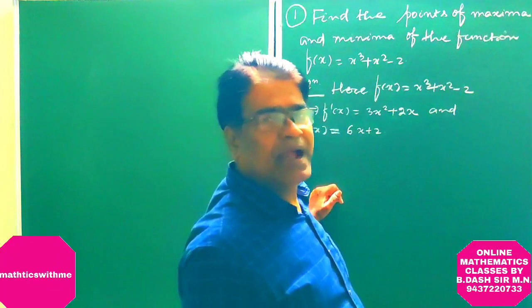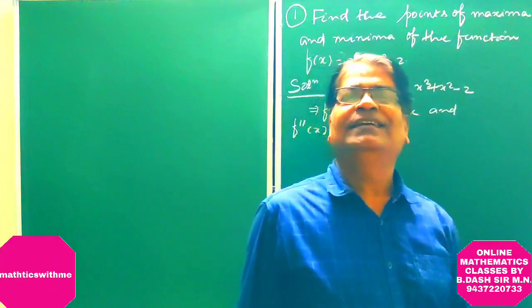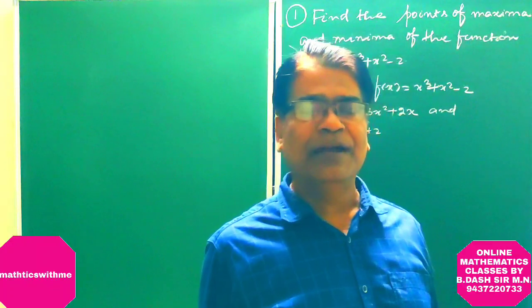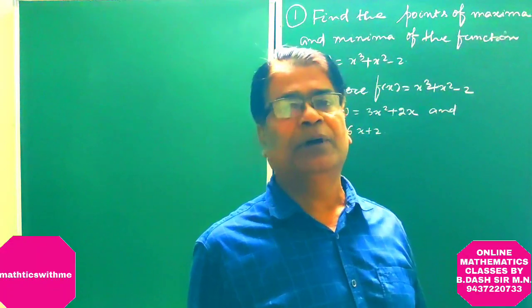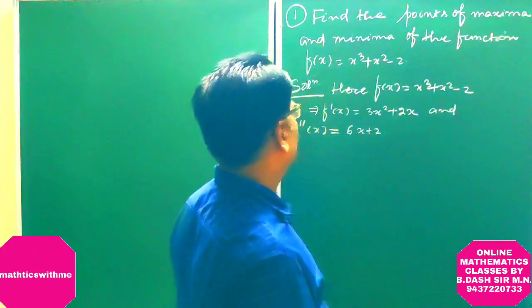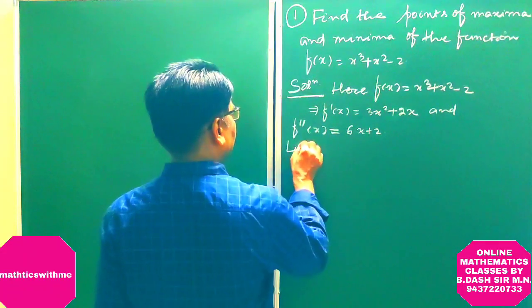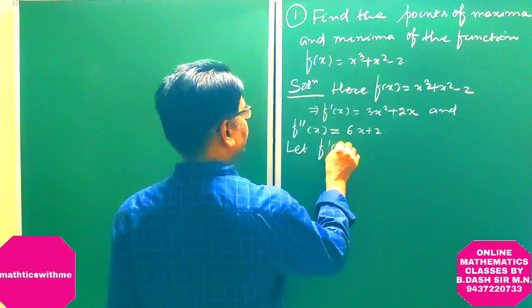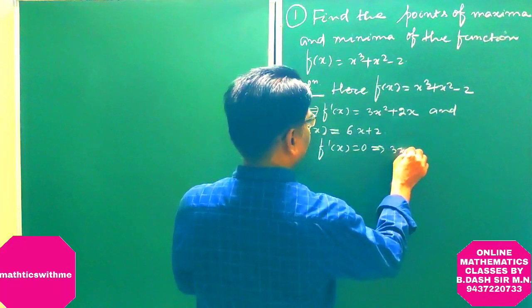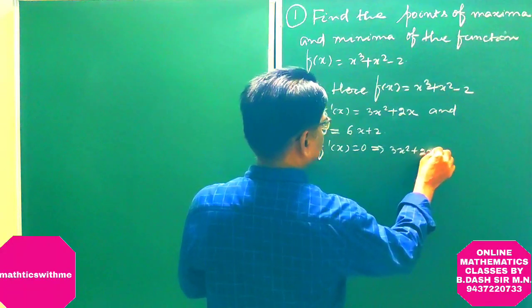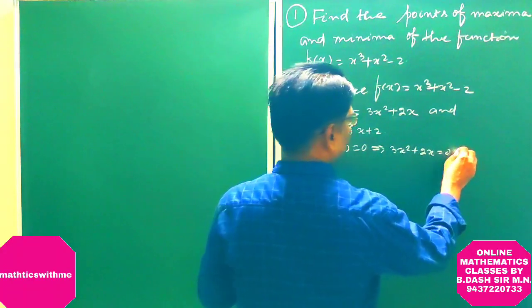Now we have to find the critical points. The critical points are the points where the function will have either maximum or minimum value. Let f dash of x is equal to 0. This implies 3x square plus 2x is equal to 0.